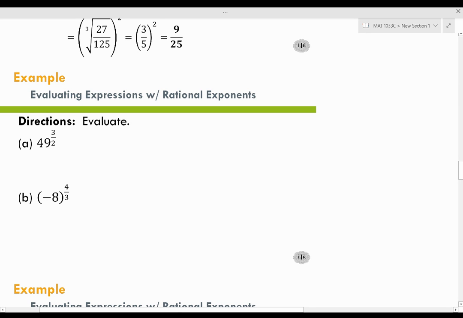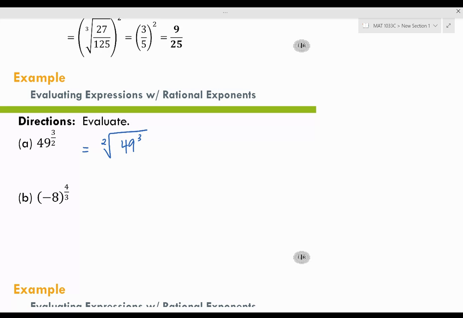All right, so the same thing, we have a rational exponent. I'm going to change it to a radical expression. The first thing I'm going to do is draw my radical sign, 49. The denominator becomes the index. The power on the top becomes the exponent underneath. So this is telling me to do the square root of 49 to the third power.